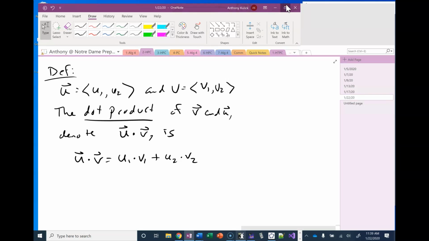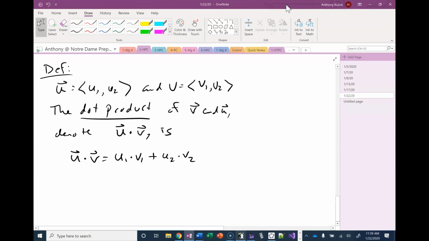So right away, something should stand out that's decidedly different about this vector operation than all the previous vector operations we've seen.